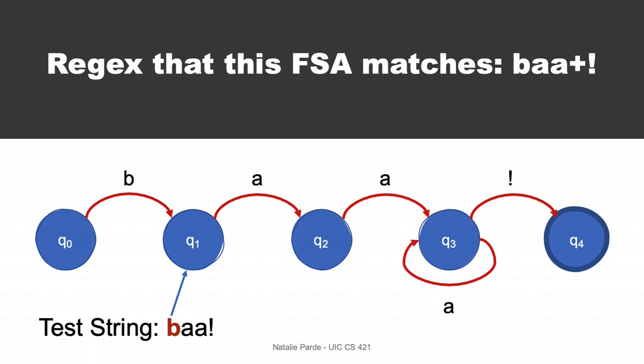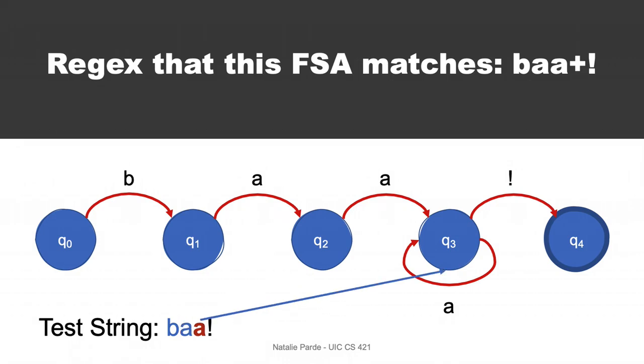We see that it's possible for us to transition to the next state, Q1, because the first item in the sequence is a B, and that's a requirement for transitioning to Q1. We then see that it's possible to transition yet again to state Q2, because the next item in the sequence is an A, and that's what's required for our next transition.